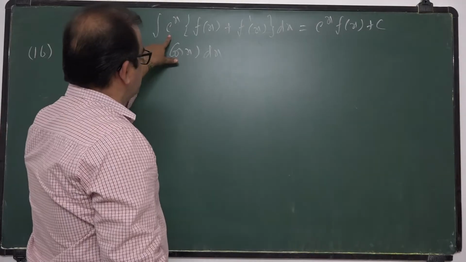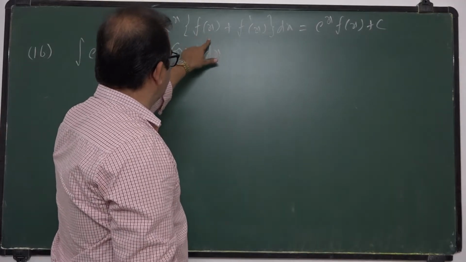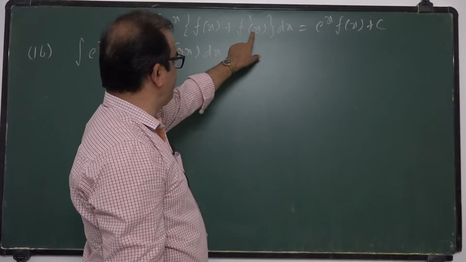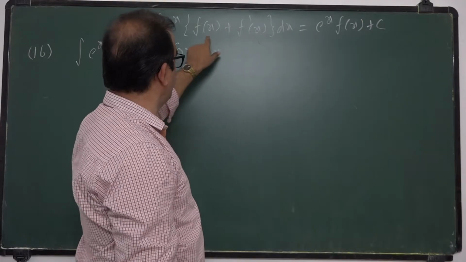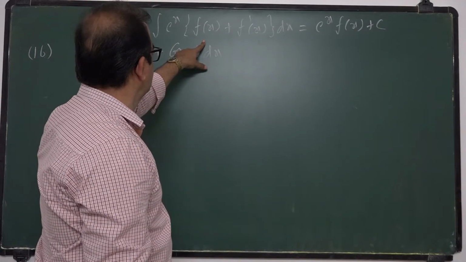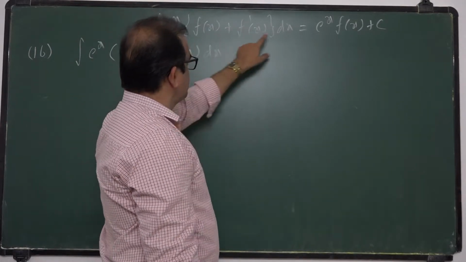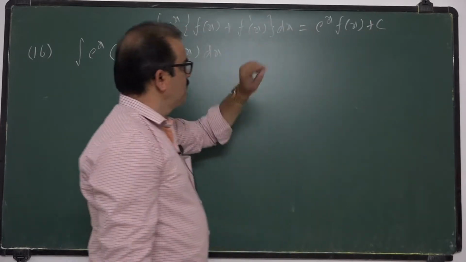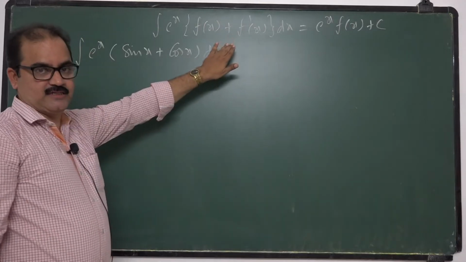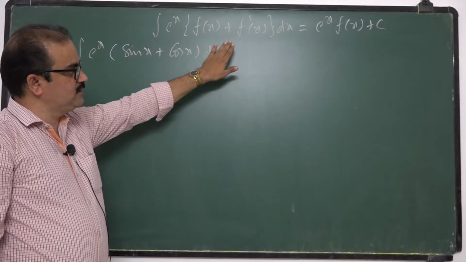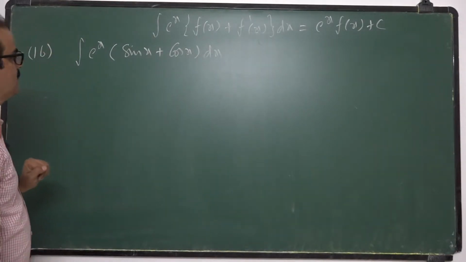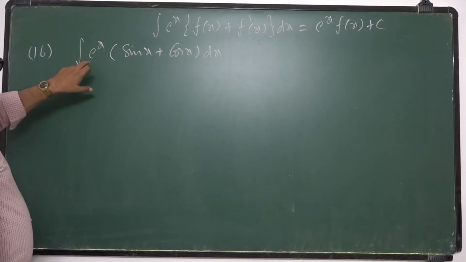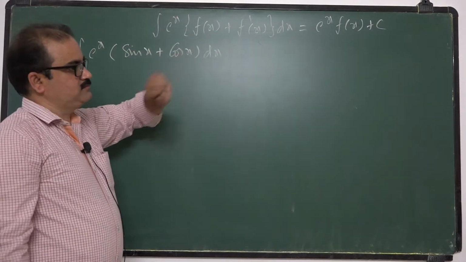Here f dash x means the derivative of f of x. We already proved this result in integration by parts. Observe that this problem is in this form.